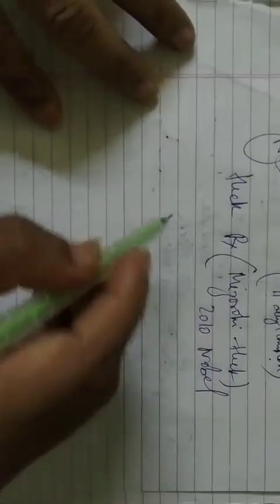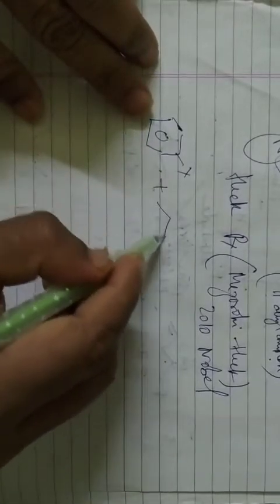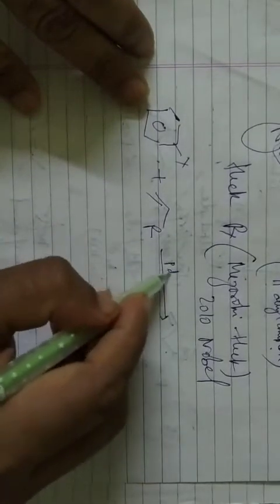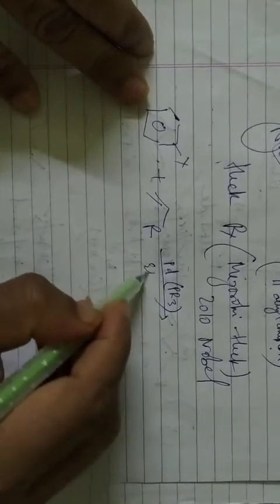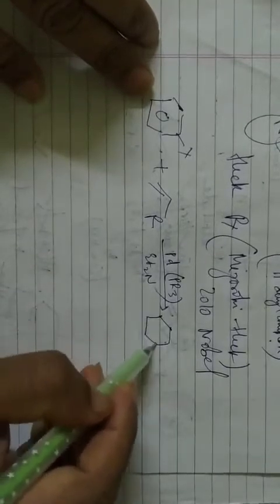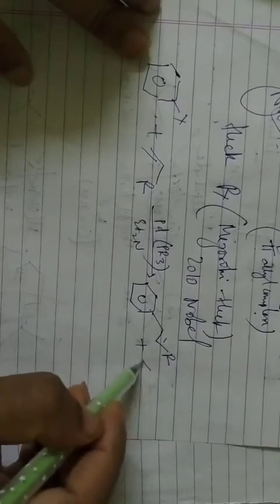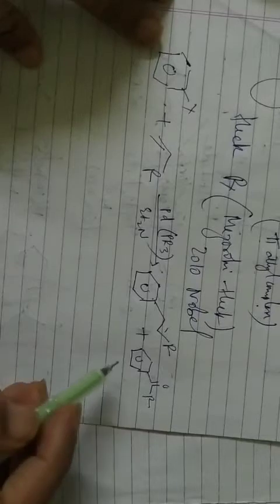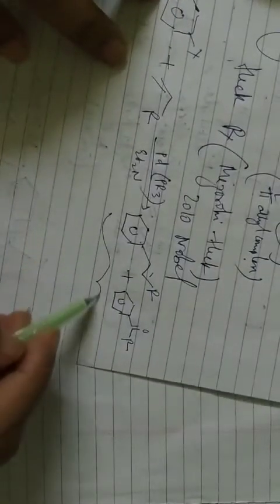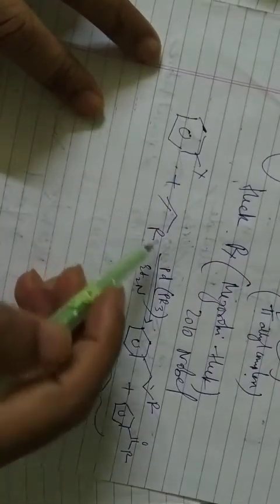In the Heck reaction, any aryl halide is treated in the presence of palladium and PR3, a trialkylphosphine, in the presence of diethylamine, and you are going to get this compound plus R. So we get the olefin product when the aryl halide is treated with the olefin compound.